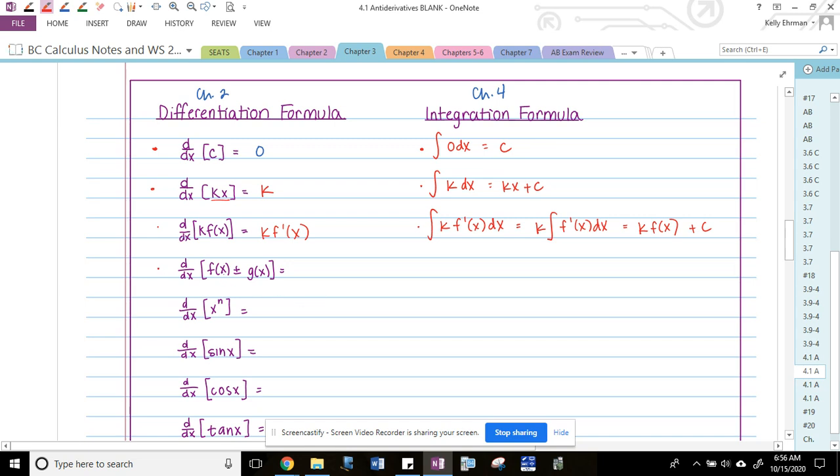If I'm taking the derivative of the sum or difference between two functions, that comes out to f prime of x plus or minus g prime of x. You can add or subtract those derivatives. And you can do the same thing with integrals.